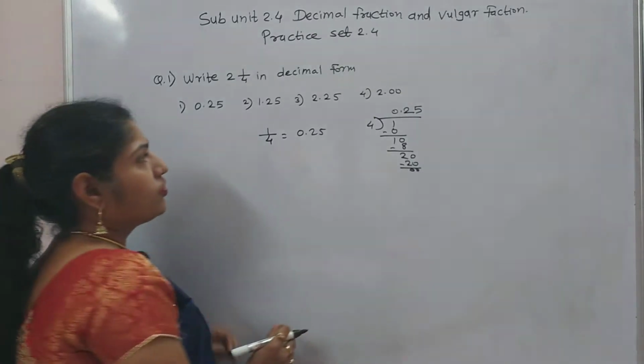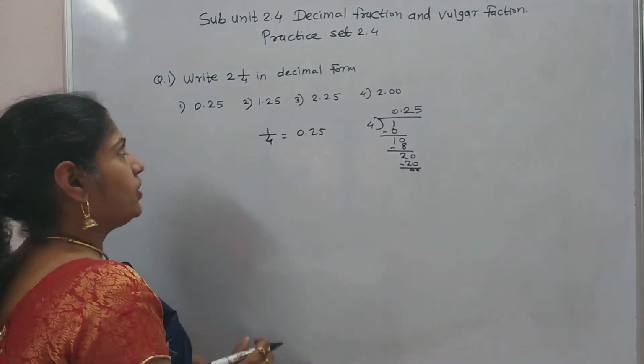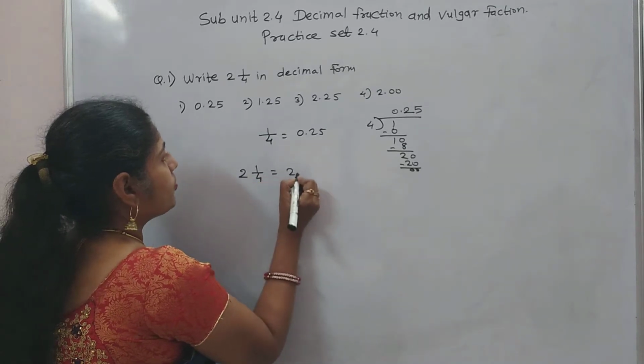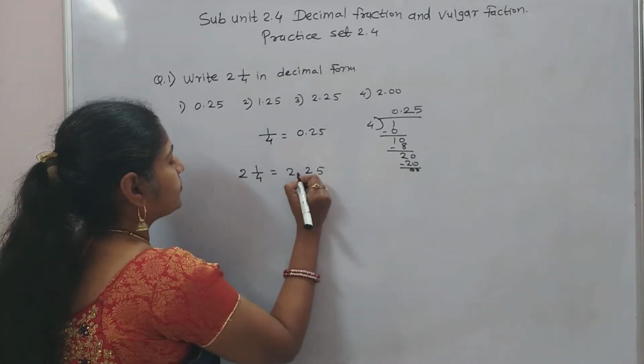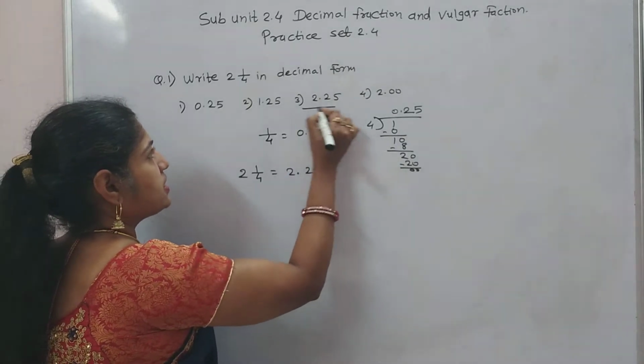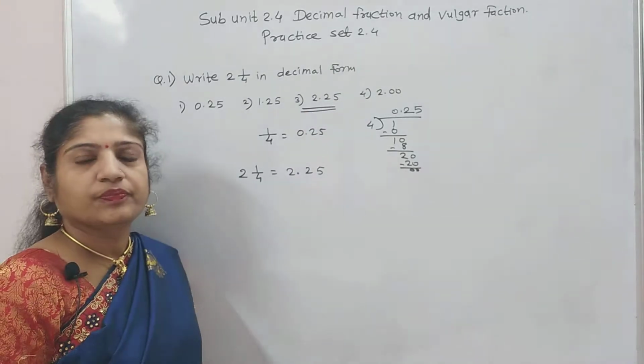So 1/4 is equal to 0.25, and 2 integer 1/4 means 2.25. Our answer is option number 3.